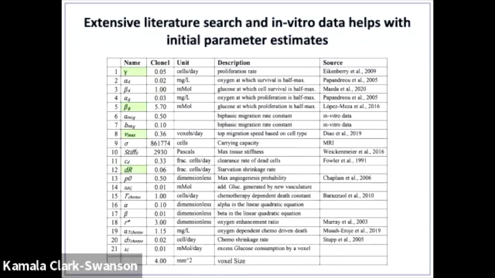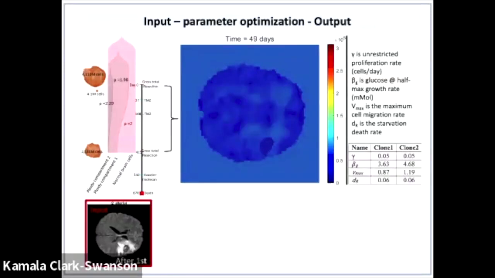And so step 1, get all the parameters. We could find a lot of at least broad estimates for the parameters in the literature, but there were quite a few other ones we couldn't and we guessed. We also got some from the in vitro data. And then the idea was, you take your input, which is your cell distribution after the first surgery, you plug it in, and then you see the treatment happening around day 37.